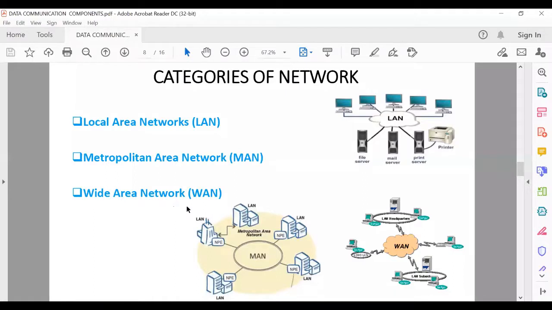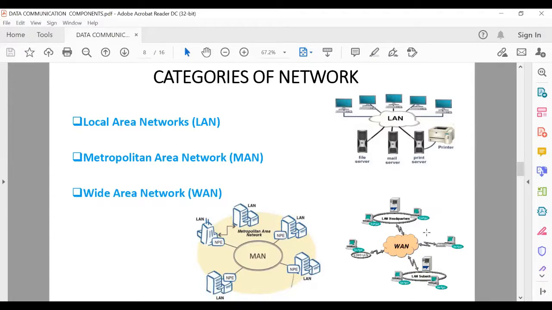Now, a wide area network is a group of computers that are connected in a large area, such as any continent, any country, etc. These networks are generally used for connecting two or more LANs through some medium, such as leased telephone lines, microwaves, etc. In a wide area network, data is transferred at a very slow rate.